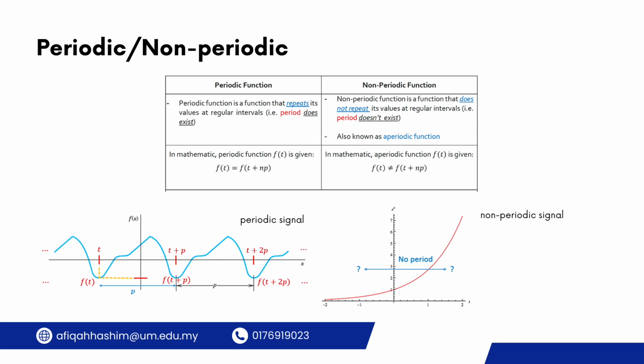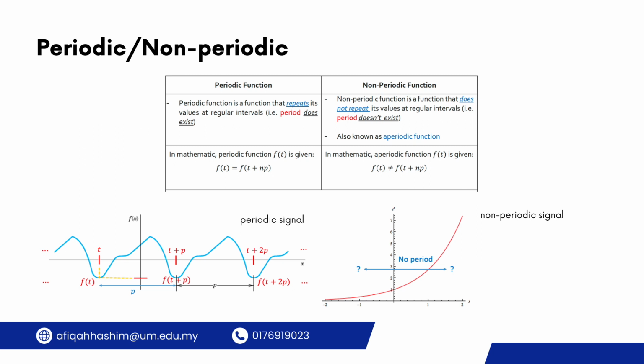Also, for example, if you play a song on repeat, no matter where you start listening, if you wait for a certain amount of time, you will hear the same part again. This repeating pattern is what makes the function periodic.